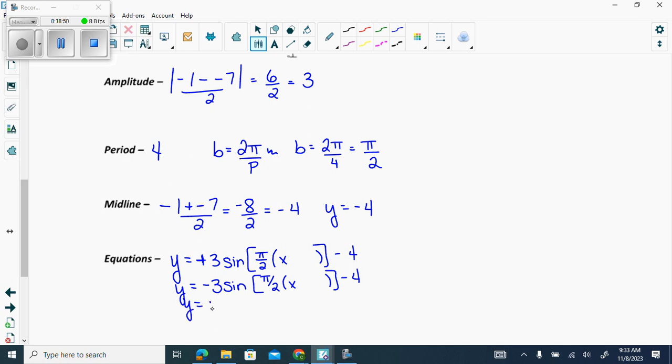Y equals positive 3 cos pi over 2 x minus 4. Y equals -3 cos pi over 2 x minus 4. Right? Gets me all 4 of them. Like I said, you don't have to put the positive, I'm just doing it to prove a point. Make sure you put in the b, not the period.